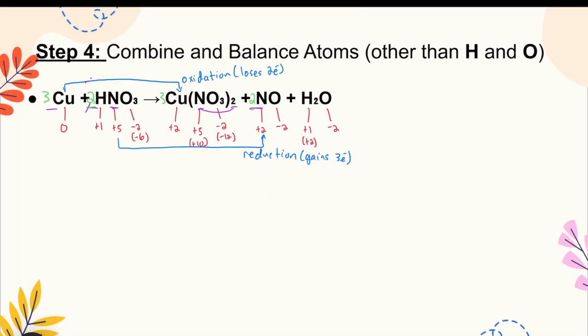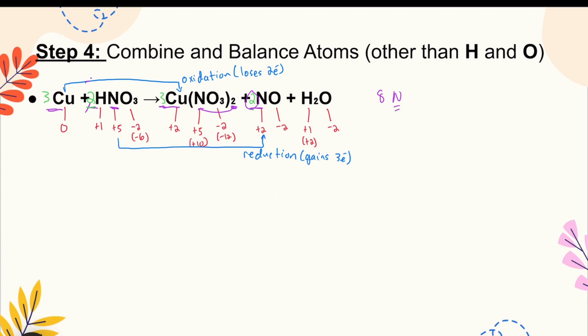Now we're going to combine and balance the rest of the atoms that are not hydrogen and oxygen the same way we would normally balance a chemical reaction. We're going to start with copper here. There's 3 coppers on this side and 3 on this side, so that checks out. Let's look at the other non-hydrogen and oxygen atom, which is nitrogen. There are 2 nitrogens right now with the coefficient, and there's 3 times 2 nitrogen, which is 6, plus 2 over here, that's 8 nitrogens on the product side.